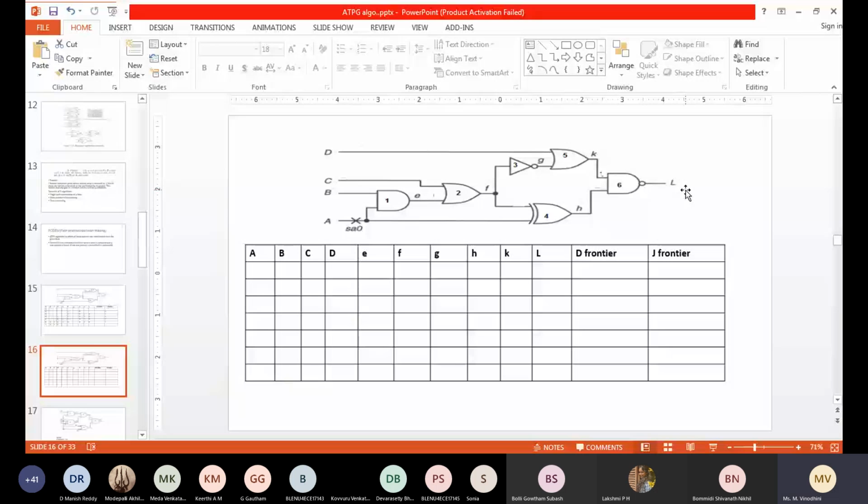There is one more path, A, E, F, H, L. Try that path and tell the status. A, E, F, H, L. Solve this now.